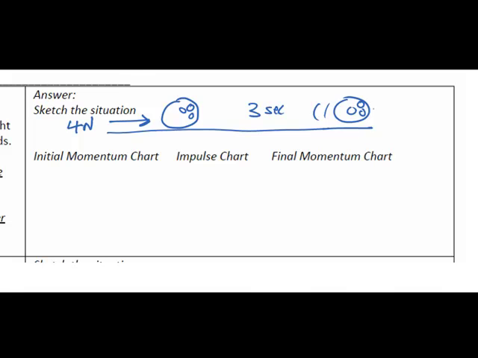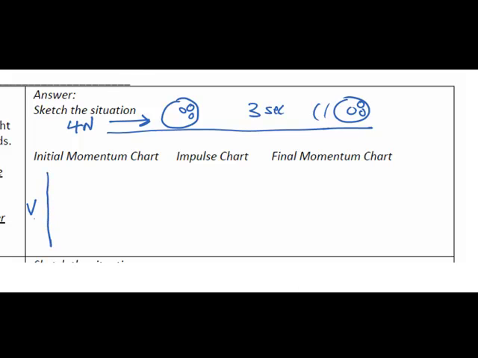We're going to use our initial momentum chart, impulse chart, and final momentum chart to help us solve this problem. We want to keep in mind our questions here. What is the final momentum of the ball? Calculate with units. And what is the velocity of the ball after the push? Our initial momentum is going to be pretty boring here.